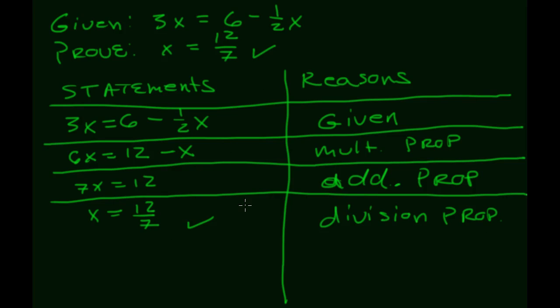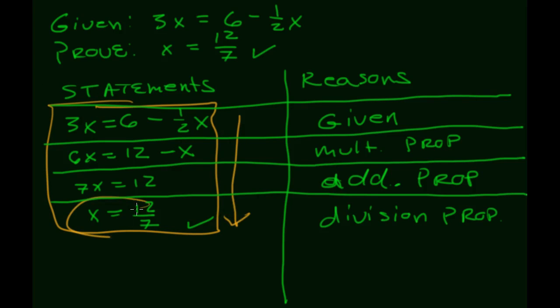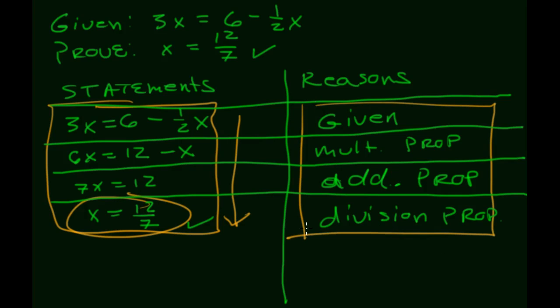Okay, so the key here is it's not just what you can do in algebra. This would have been your algebra class, this side of the chart: how do I solve the equation and get x? This side is the geometry class: what justifications can I give for each of these steps? How do I make a logical argument deductively that gets me from the first one to the last one?